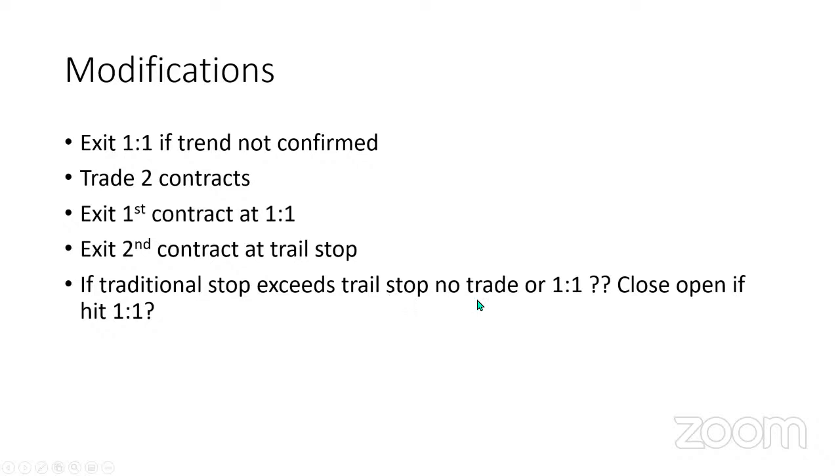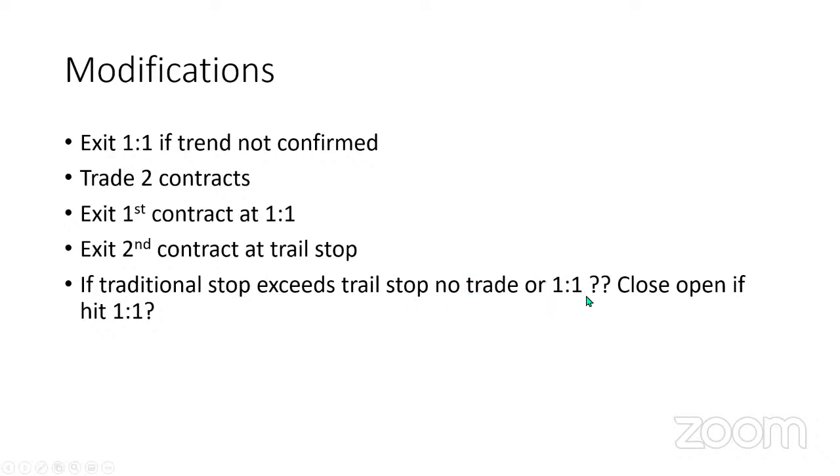So looking at some charts, I had some situations where my trail stop would have been located. If I added the 3 ticks onto the band, my traditional stop would exceed the spot of my trail stop. And so that may be a good signal that, hey, this trend has ended. I need to sit on my hands for a bit, or just take a 1-to-1.